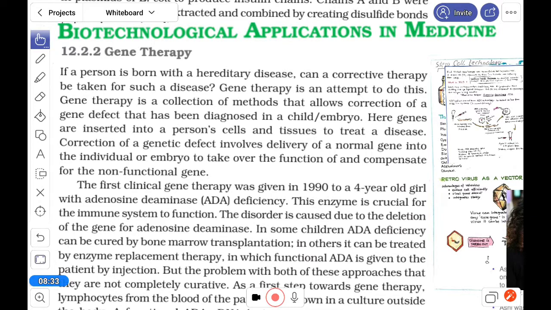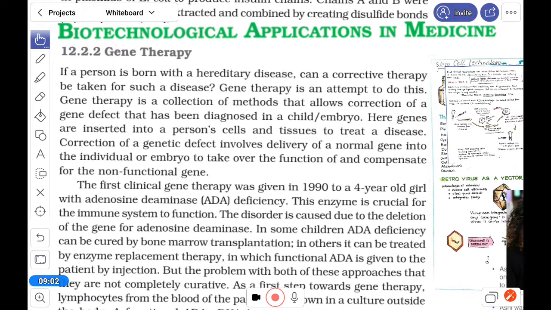The next approach is gene therapy. In this approach we are not making any medicine; we go to the genetic level and change the gene so that the person recovers, and not only that, the recovery lasts generation after generation.